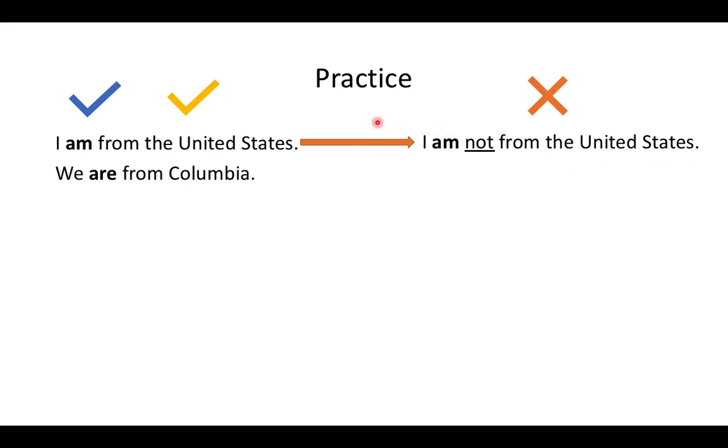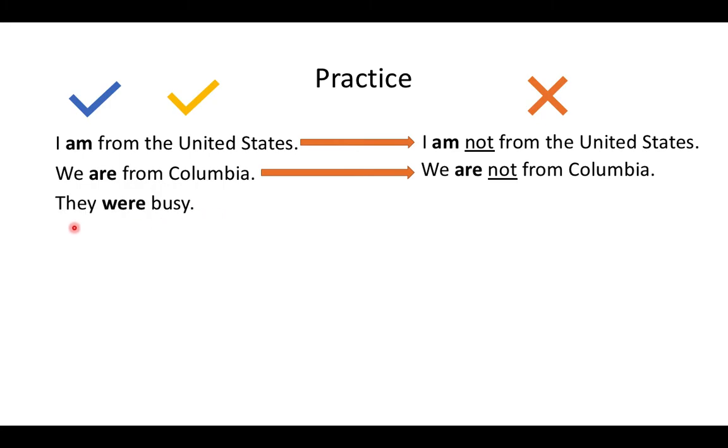So another sentence, we are from Colombia. So we are is present. We are from Colombia. So we want to put the not in between are and from. So not comes right after we are. So that turns into, we are not from Colombia.